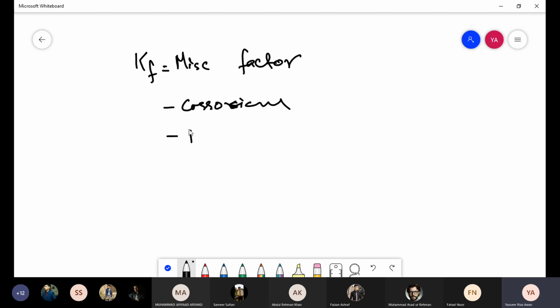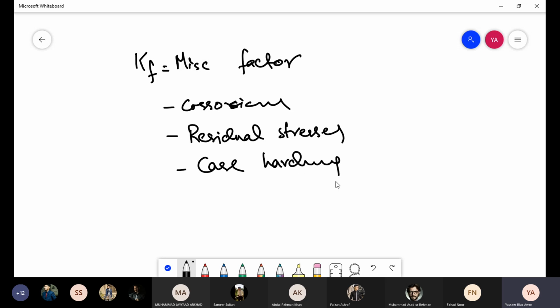Similarly, you could have residual stresses, case hardening, or surface polishing, and all of these impact the fatigue life.